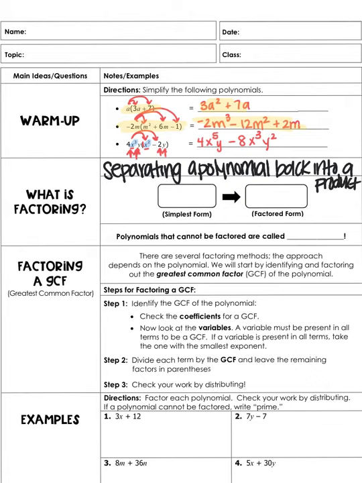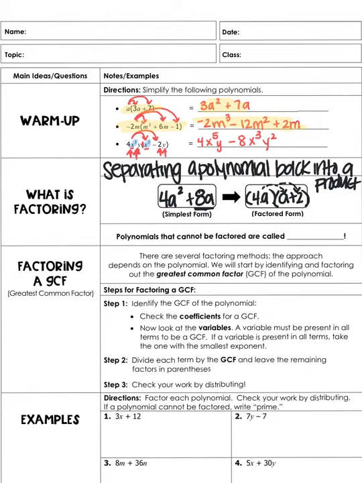For instance, simplest form could be 4a squared plus 8a, whereas factored form will look like two things being multiplied, 4a times a plus 2. You can always check: if I were to distribute that in, I should get what I started with. 4a times a is 4a squared. 4a times 2 is 8a.